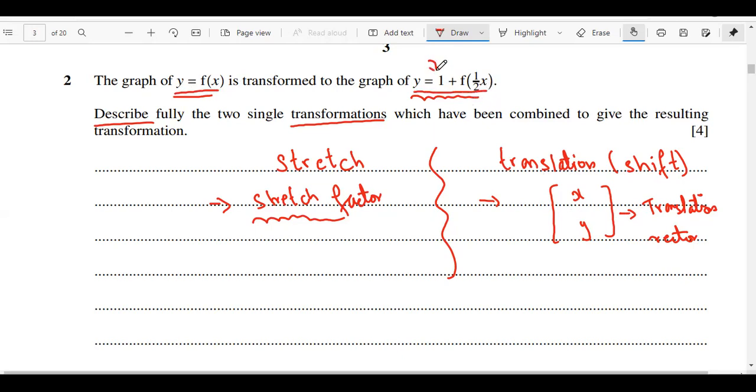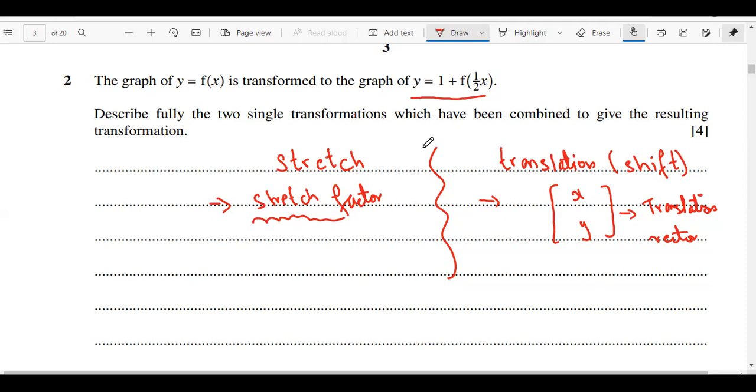We are adding 1 to the function and we are multiplying something with x. Can anyone tell me just an idea of what exactly they have done to get this? Any idea? Even if the answer is wrong, I would not mind.